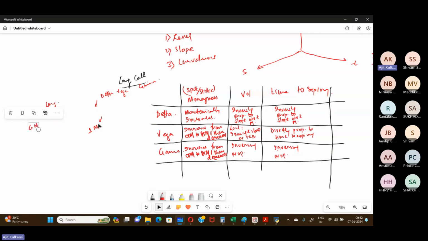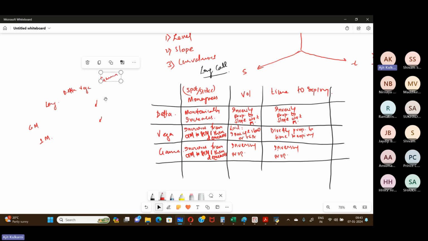So if you have a 6-month option, okay, let me put this here. Let us put these here: delta, vega, and gamma. If you have less time to expiry, then gamma will be dominant.